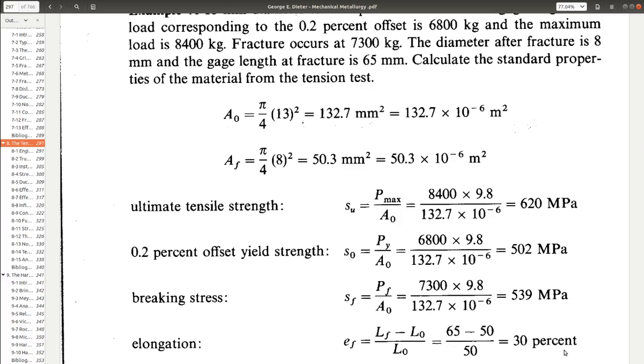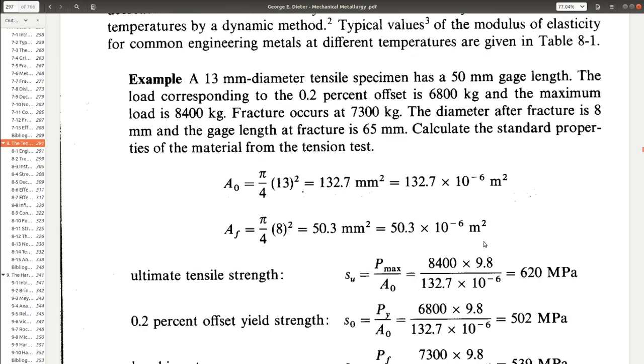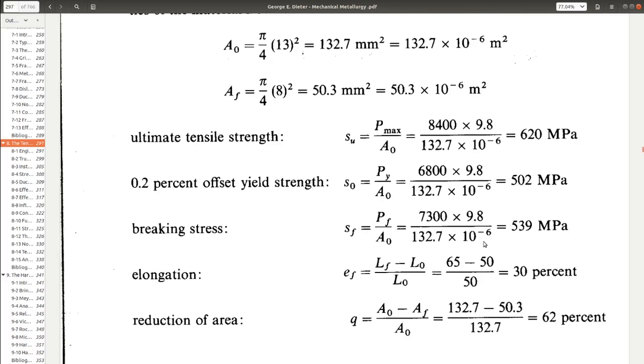So it's a very large elongation, which means it's more ductile. And I don't think we could measure the Young's modulus, but that's okay.